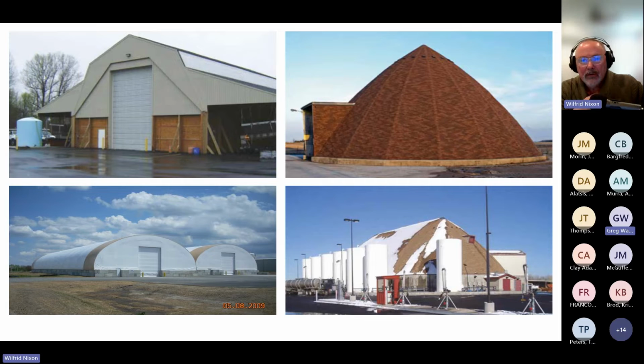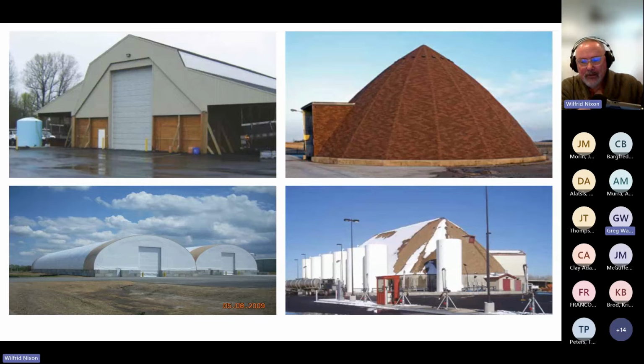One comment that came out with regard to dome structures, and I guess this applies in all structures, was to make sure your doors are placed so as to be as sheltered as possible from prevailing winds.